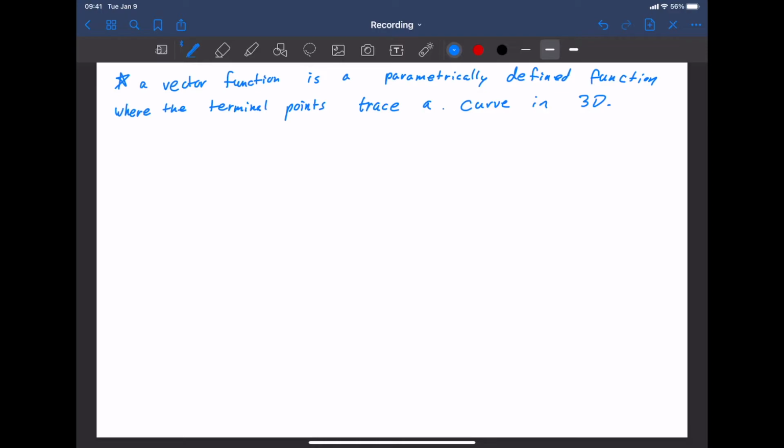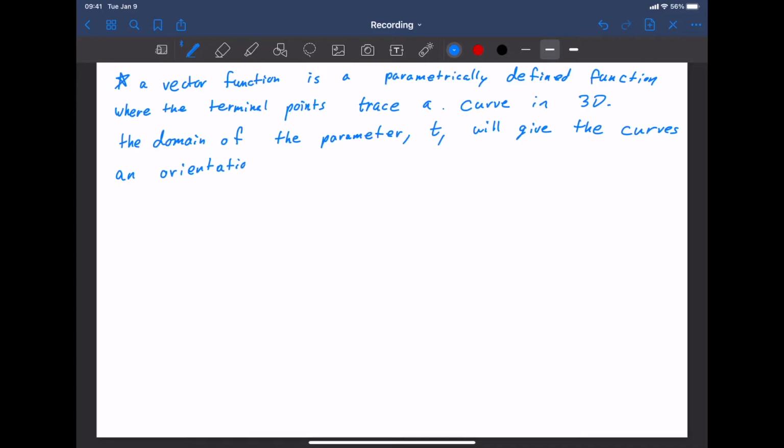And just like with parametric equations, the domain of the parameter, again that's t, will give the curves an orientation, like a start and an end, although it doesn't have to be that simple.